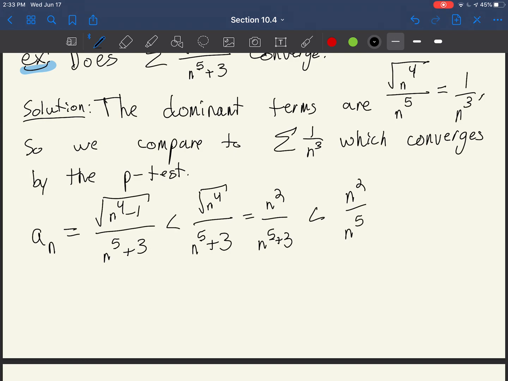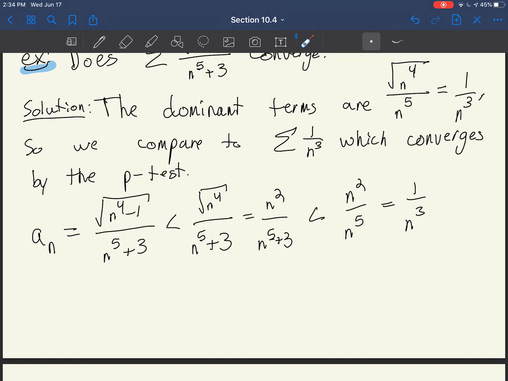And we're going to say that this is less than n squared over n to the 5th, because if the denominator gets larger, then that means that the whole expression gets smaller. So therefore, in the opposite direction, if the denominator gets smaller, going from n to the 5th plus 3 to n to the 5th, then the whole expression gets larger, hence this direction of the inequality. And that is 1 over n cubed.